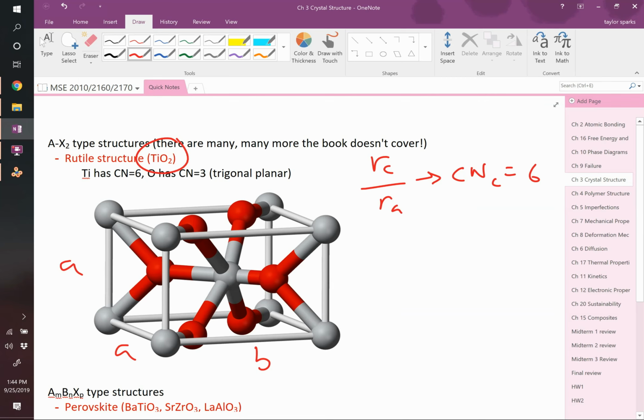Because in the formula unit, right here, there is half as many titaniums as there are oxygens. If oxygen was also 6 coordinate, then the formula would have to be TiO. But since it's TiO2, there must be half as many titaniums available to surround the oxygen. Does this make sense? Yeah.